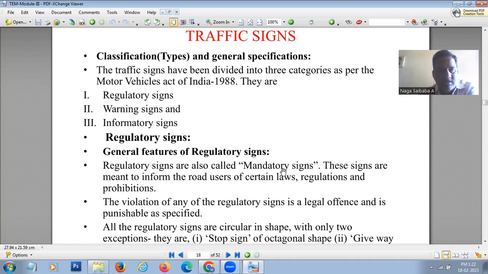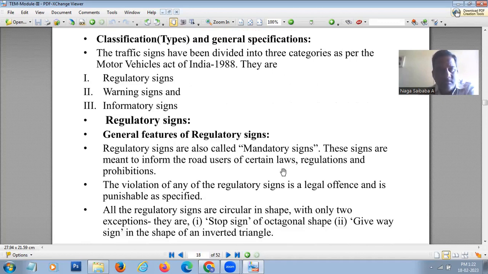Any violation will be prosecuted and penalized. The violation of any regulatory sign is a legal offense and it is punishable according to the Motor Vehicle Act, for traffic rule violators.